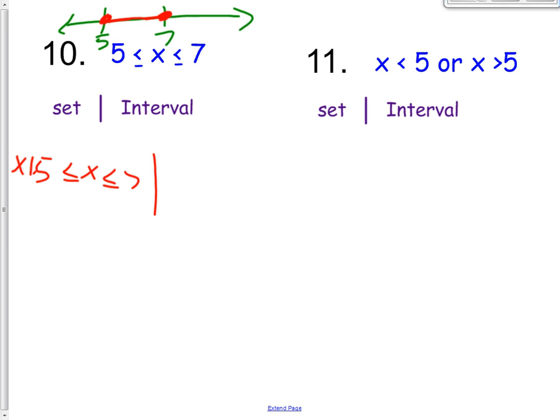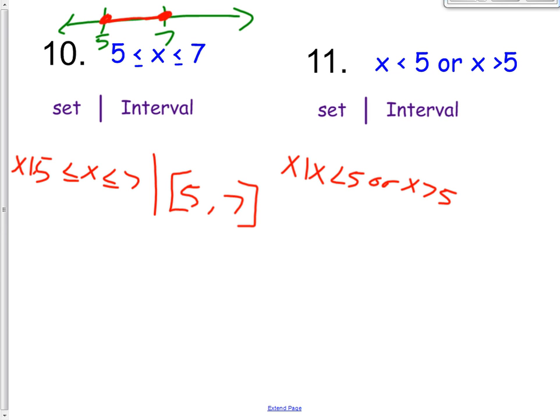Now for our interval notation for problem number 10. If it starts at 5 and it goes to 7, 5, 7. Now they're both equal to as well, so they're both going to have a bracket around them. Bracket 5, 7 bracket. There we are for number 10.